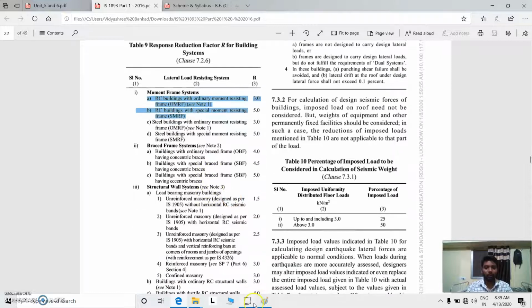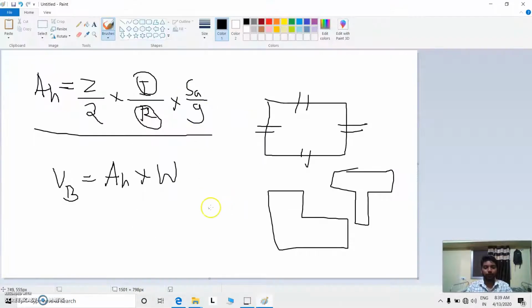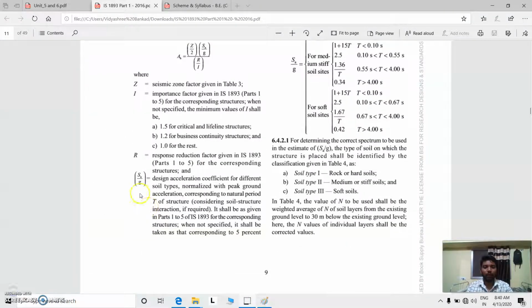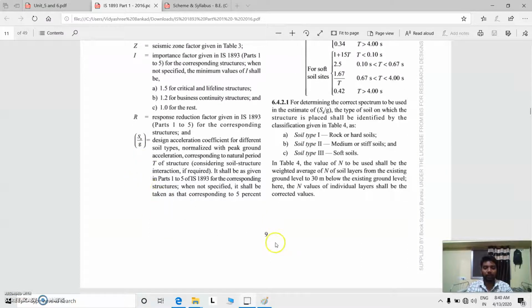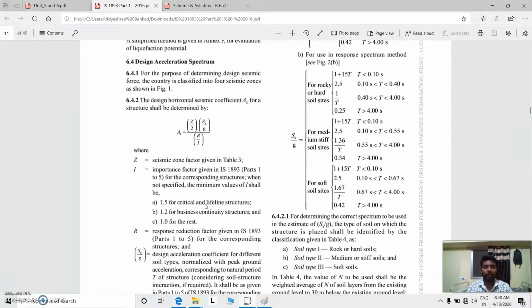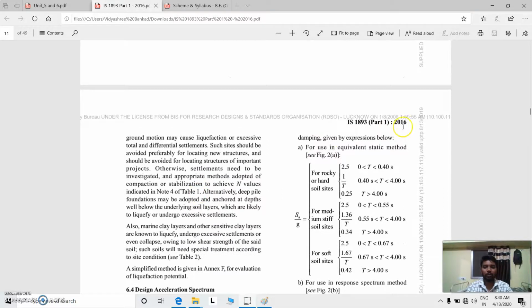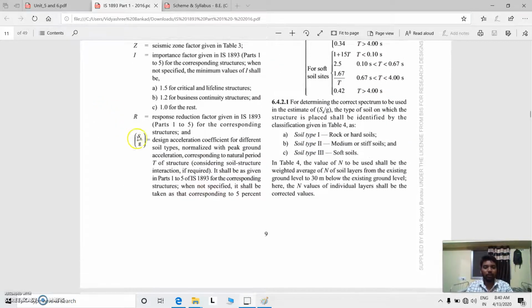And again we have Sa by g. The value of Sa by g is given in page number 9 in IS code 1893 part 1 2016. Here Sa by g is the design acceleration coefficient for different soil types.